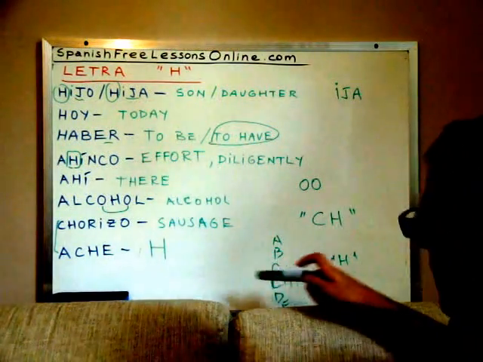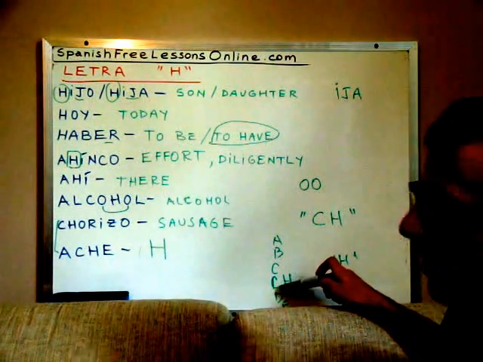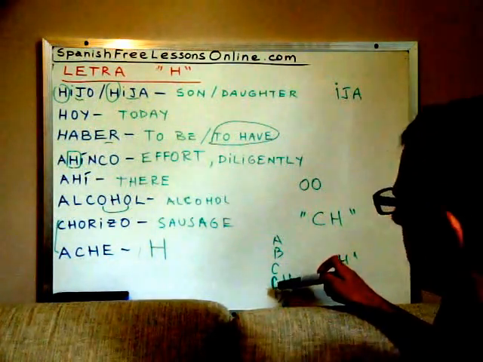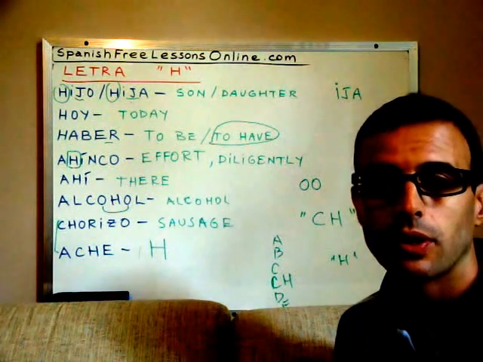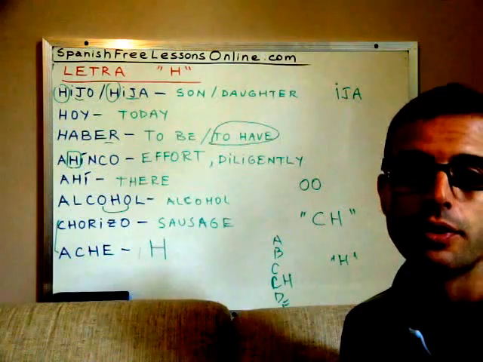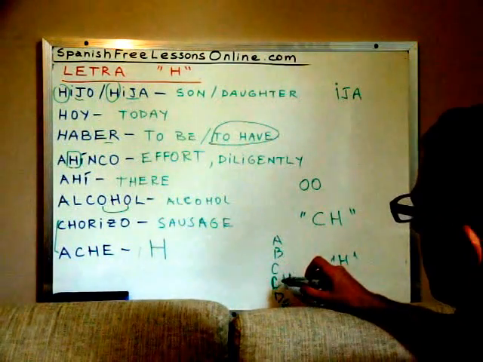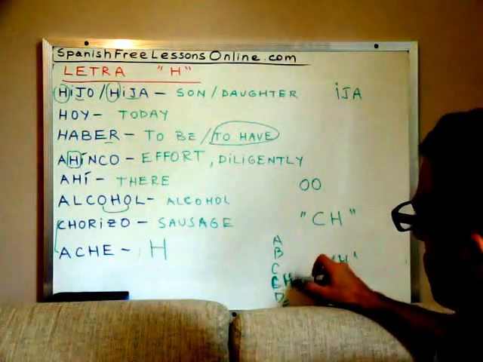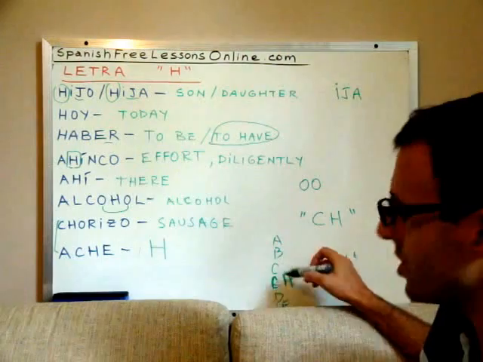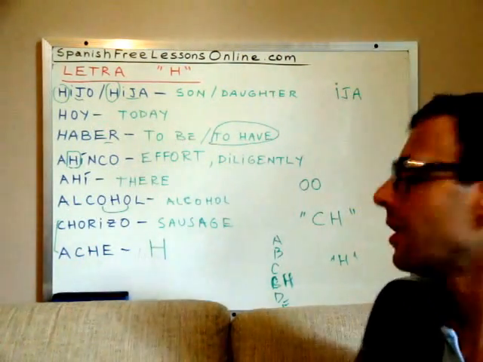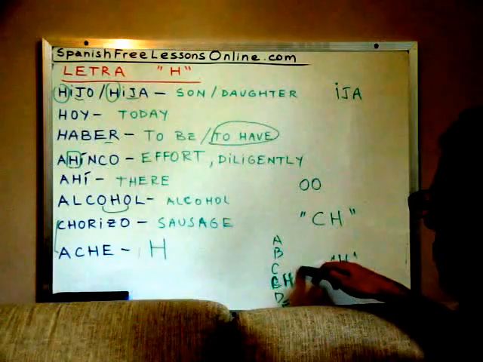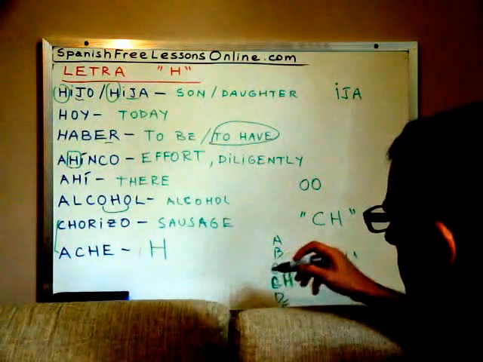However, this letter would be Che, since the Che was actually formed by two other individual letters, right? The C and the H. Then in recent times this has been removed from the Spanish alphabet.